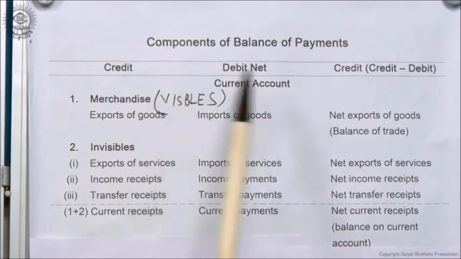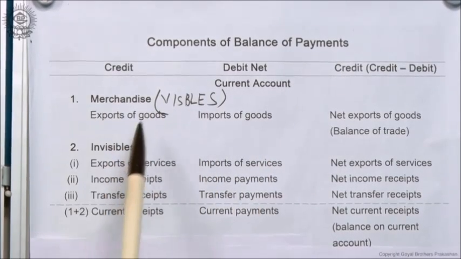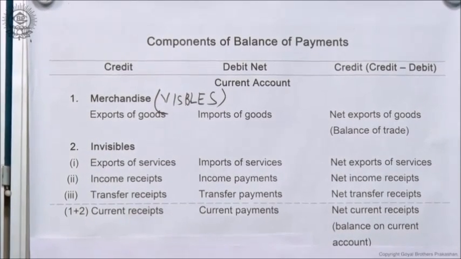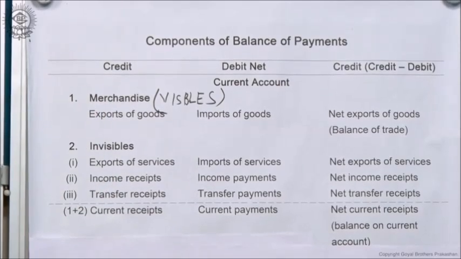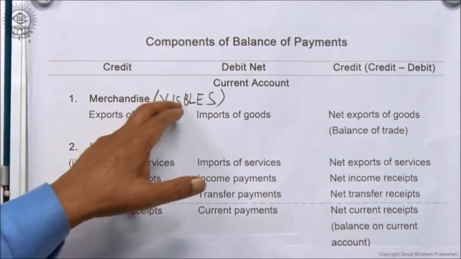Visibles mainly include merchandise, goods. Why do we call them visibles?